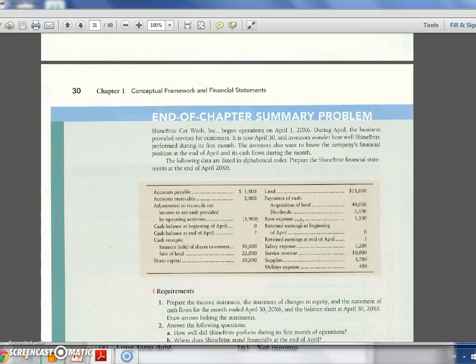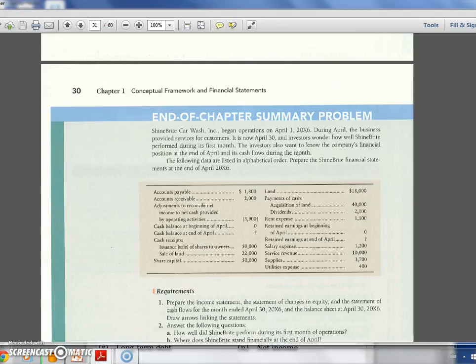Revenue minus expenses gives you your net income. Retained earnings, salary expense, service revenue, income statement, supplies, and utilities expense. So I prefer that if you break it down and you focus, first of all, step by step by step. That's all accounting is. Take it slow, identify what it is, where it goes, and that'll make your life a lot easier when you're preparing the financial statements.